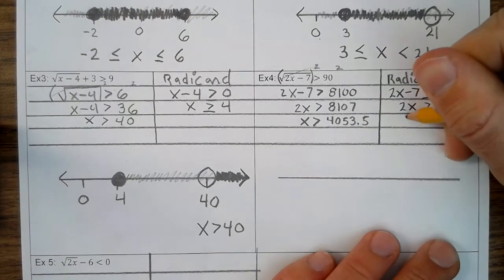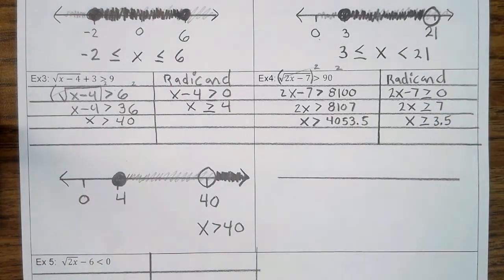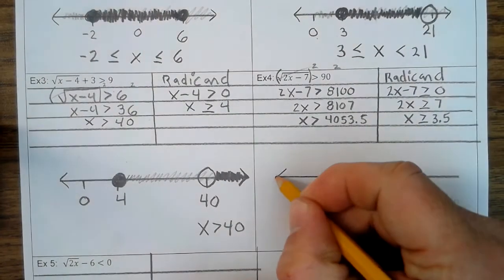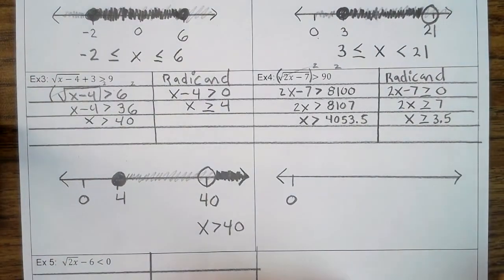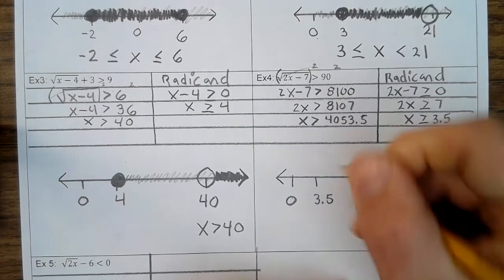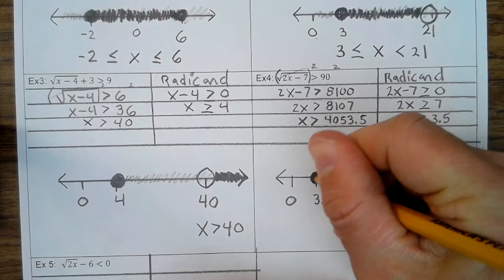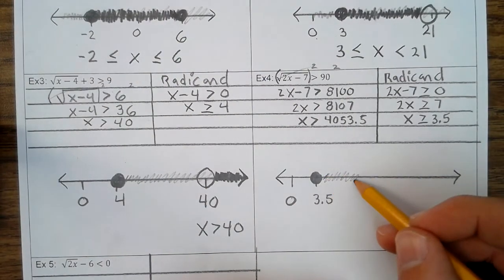Divide both sides by 2, x is greater than or equal to 3.5. And then you graph. Since both numbers are positive, I'm going to put the 0 on the left. So we'll start with 3.5. So there's a line, so it's a closed circle. That's greater than, so we shade to the right.